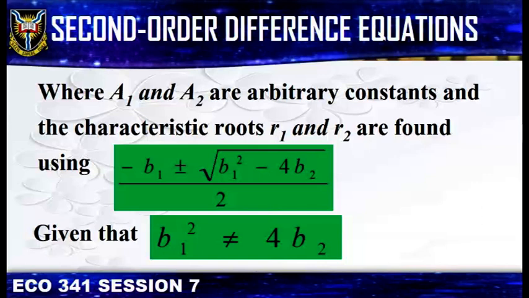Example 1. Find the particular solution for the following equations. 1. y_t minus 10 y_(t-1) plus 16 y_(t-2) is equal to 14. 2. y_t minus 6 y_(t-1) plus 5 y_(t-2) is equal to 12. 3. y_t minus 2 y_(t-1) plus y_(t-2) is equal to 8. For question 1, using equation 7.42, y_p is equal to 14 over 1 minus 10 plus 16 is equal to 2.